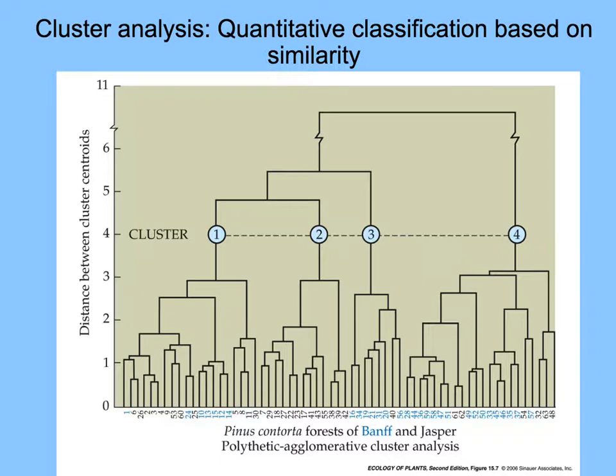And the ones closest to each other sharing a branch, especially close to the end, like these, are more closely related than, let's say, this one and this one. And these data are from those same stands portrayed in the last figure.